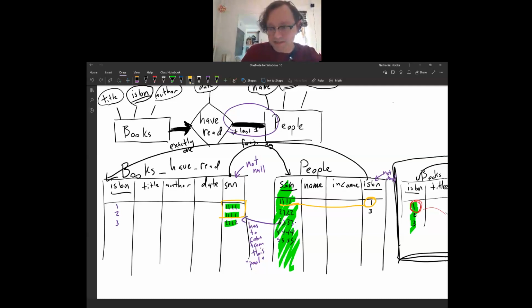Here we can put whatever the first book is, or one of the books they've read. Because that cannot be null, everybody will have to have read some book. I can't do this and say that only 2 people have read books. That's not allowed because I specified that it's not null.